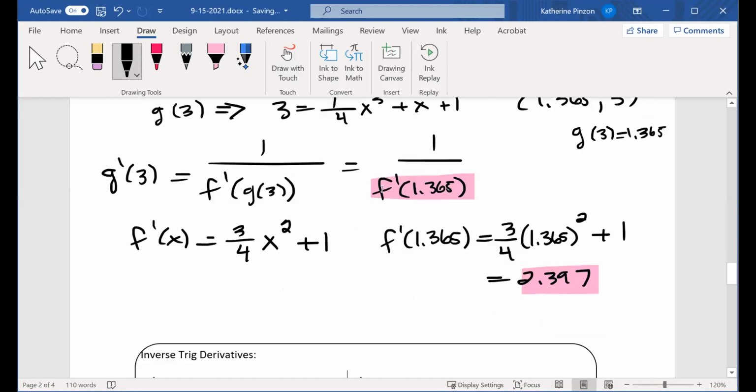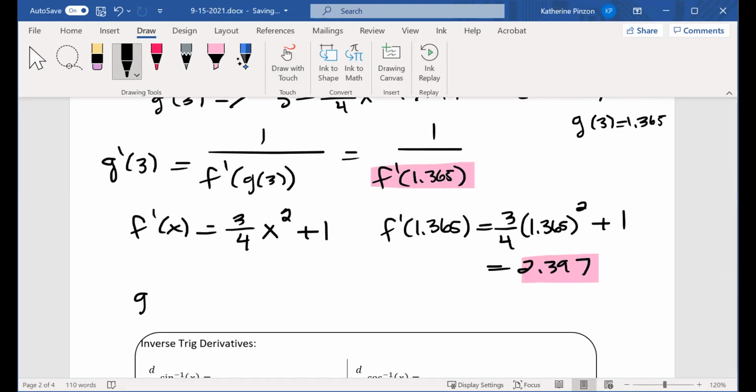So g prime of 3, oh, I gotta squeeze it in, is 1 over 2.397, which is .417.